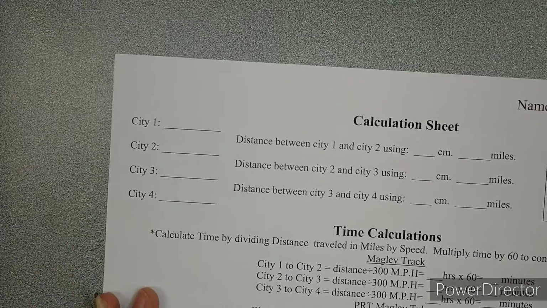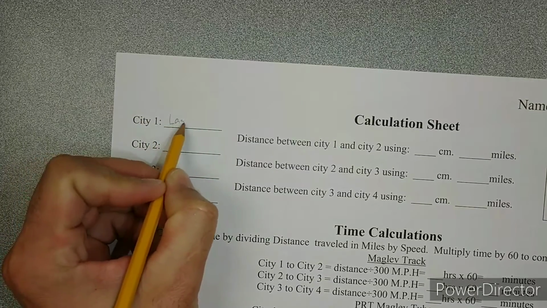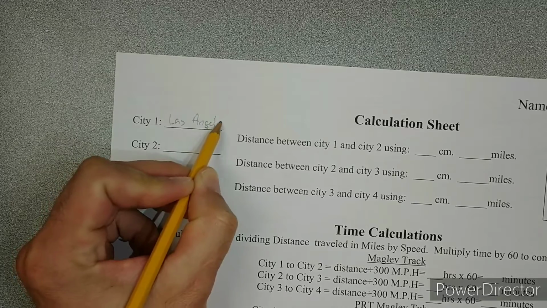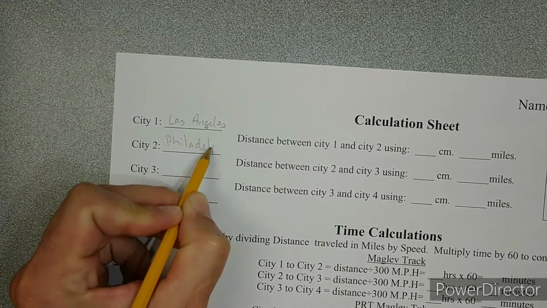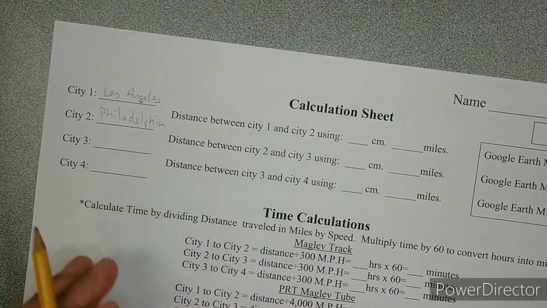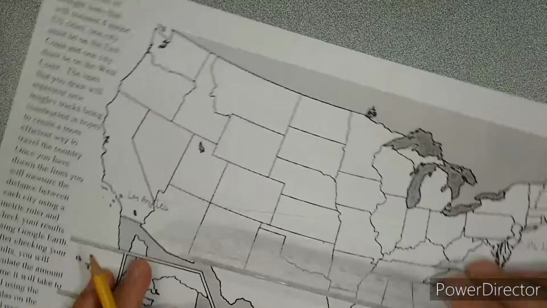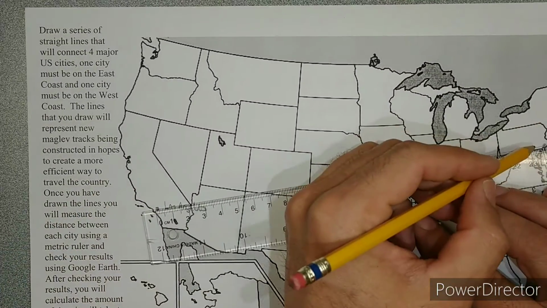Okay. So on the back, my city 1 was Los Angeles, my city 2 was Philadelphia, and then you'll have to choose your other cities. So the distance between 1 and 2 was, let me measure that one more time, put my 0 here, 23.8 centimeters, okay?